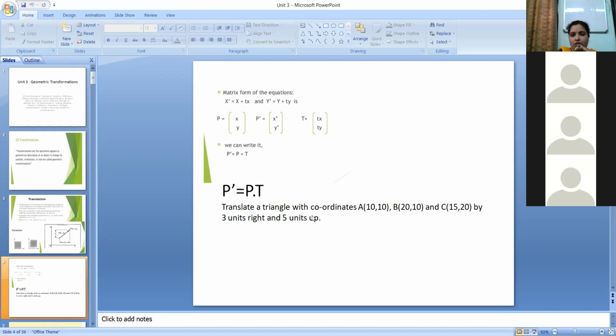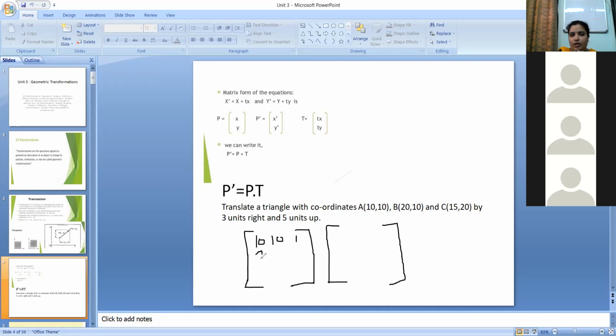So can anyone tell me the matrix? We will not go for multiplication, but just tell me only the P matrix, P and T. What is P matrix? It is your original coordinates A, B, and C. So A is 10, 10, and 1 is the extra element we are adding.